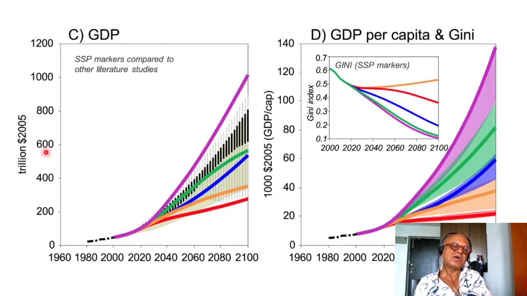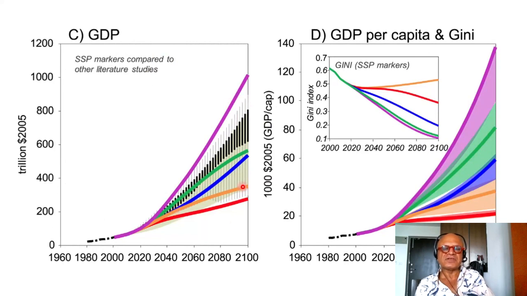Okay. In the meantime, GDP in trillions of US dollars pegged to 2005. You can see different SSP markers compared to other literature studies. So literature studies are shown there, and what this community developed as the marker scenarios.